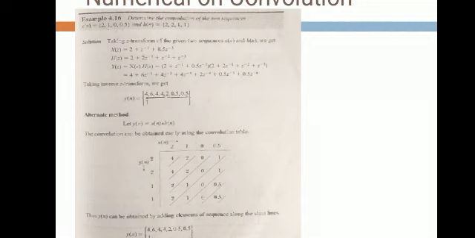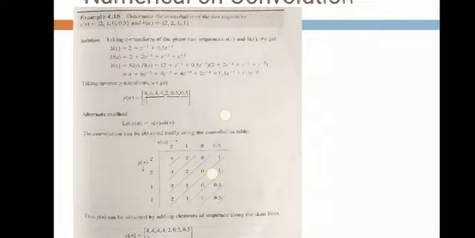Another, alternative method for convolution is to write down the signals on the x-axis and y-axis, as shown in the diagram. x(n) is on the x-axis, 2 1 0 0.5, and y(n) is on the y-axis, that is 2 2 1 1. Now just multiply the corresponding elements. So 2 into 2 is 4, which is the first element.